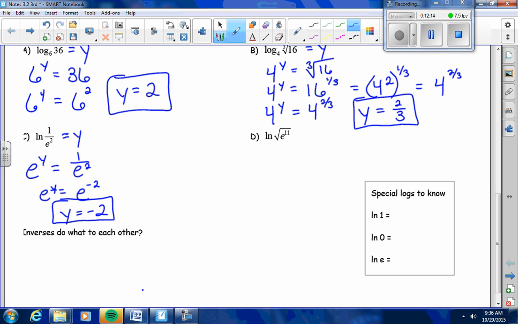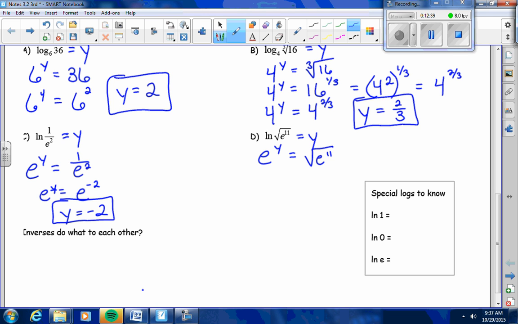Let's try the next one. The natural log of the square root of e to the 11th. We're going to set that equal to y. What is the base of this natural log? So we say e to the y equals what? Square root of e to the 11th. Now let's look at the square root of e to the 11th.